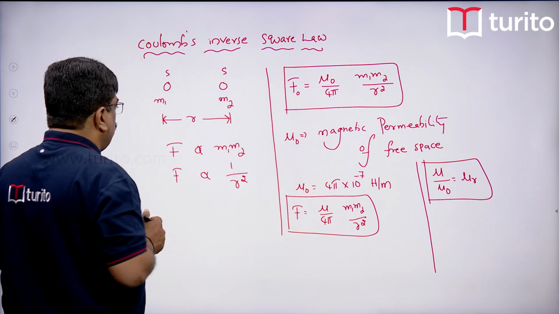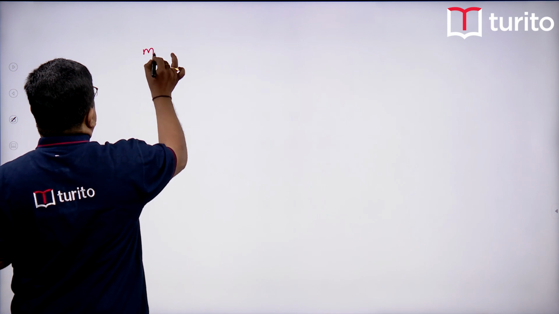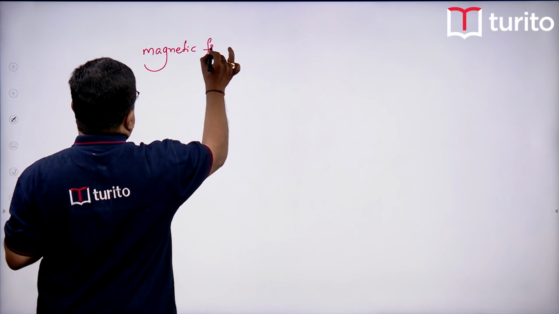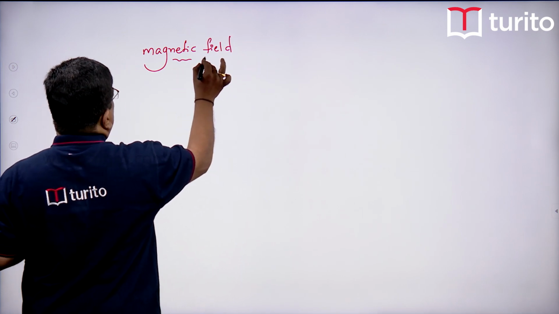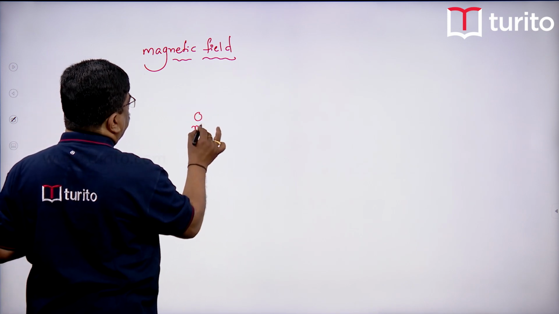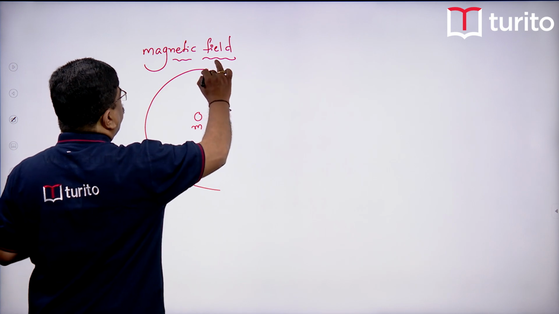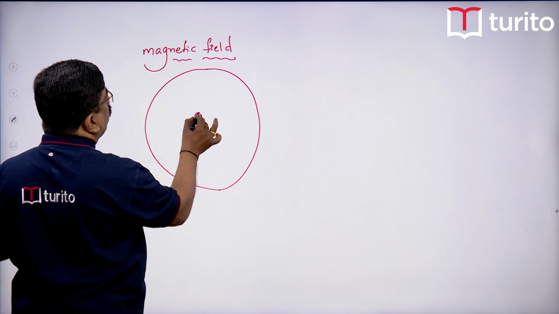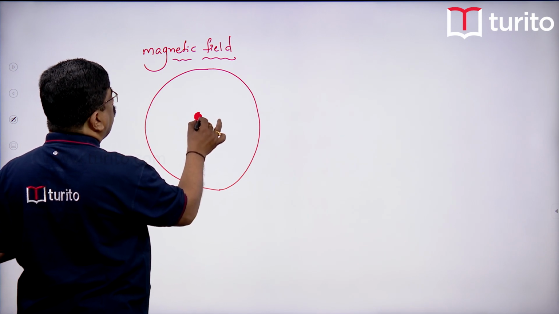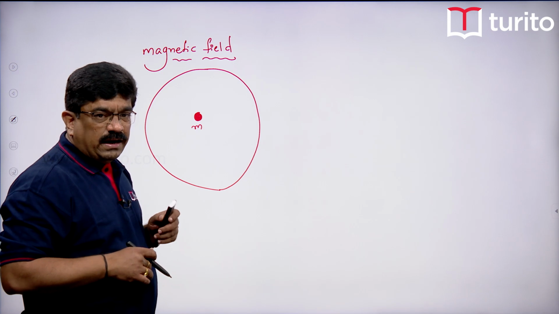After that we have to discuss another important term, that is magnetic field. So, what is meant by magnetic field? Let us consider a magnetic pole of pole strength m. The space or region around this magnetic pole where the influence of this magnetic pole is felt, that region we call a magnetic field.